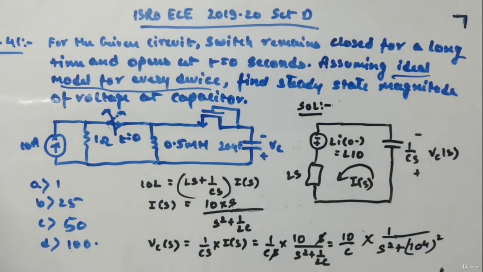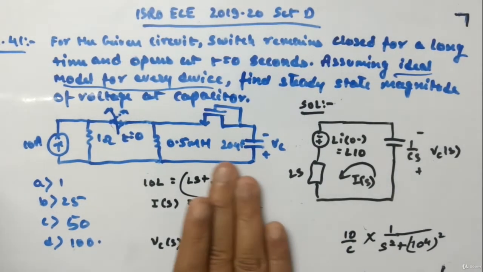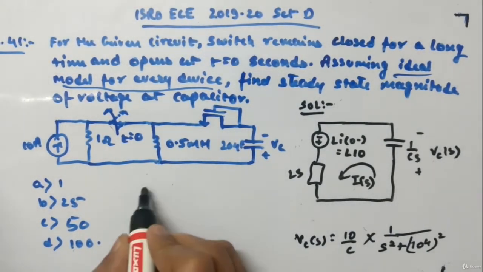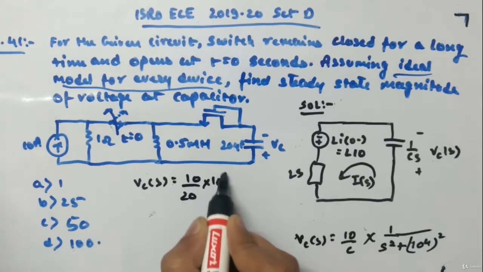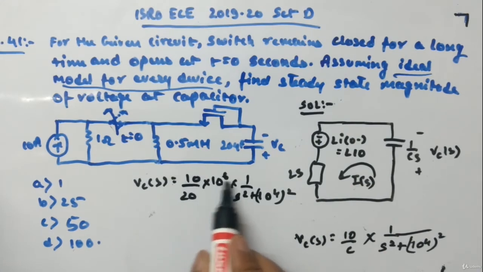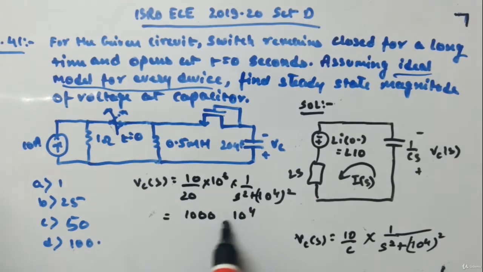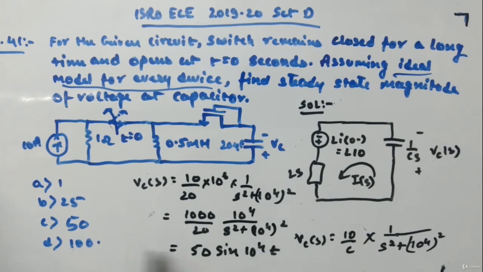Now this is my VC(s). If I plug in the value of C, what I get is VC(s) is equal to 10 upon 20 microfarad, which is 10 to the power 6, into 1 upon s squared plus 10 to the power 4 whole squared. If I take 10 to the power 4 out, what remains is 10 to the power 3, times 10 to the power 4 divided by s squared plus 10 to the power 4 whole squared, which is 50 sin(10 to the power 4 t).